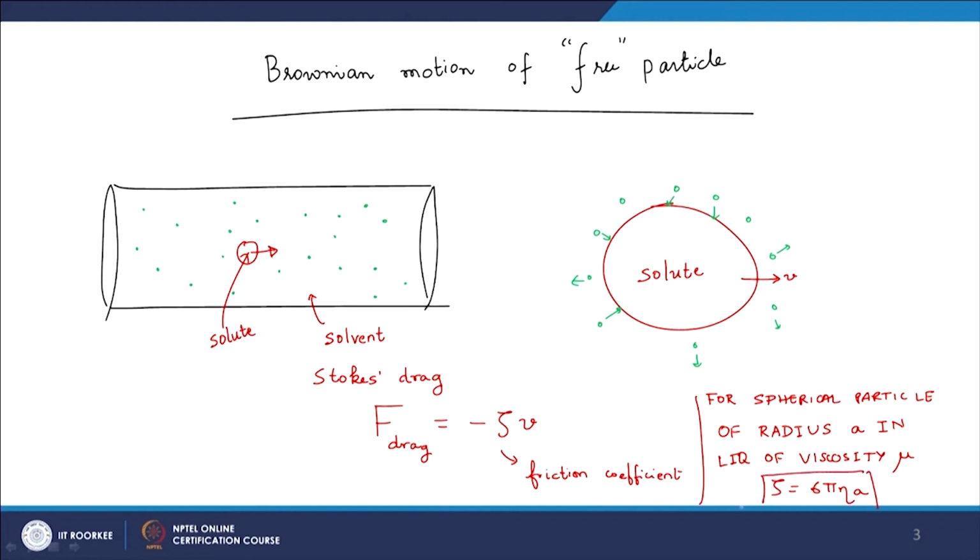If it is not spherical, we can have some other value of zeta, but that is not really very important. The main thing is that the solute motion will be resisted by the presence of the drag that is due to the solvent molecules in the system.